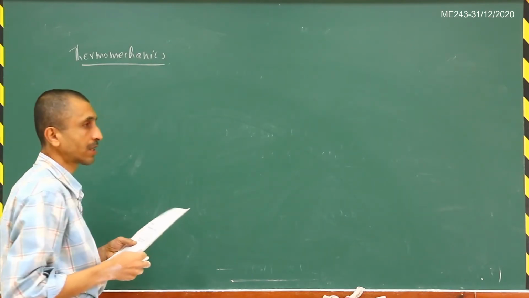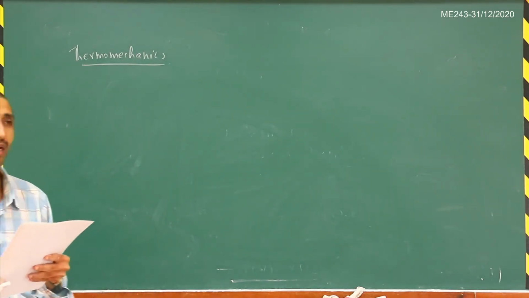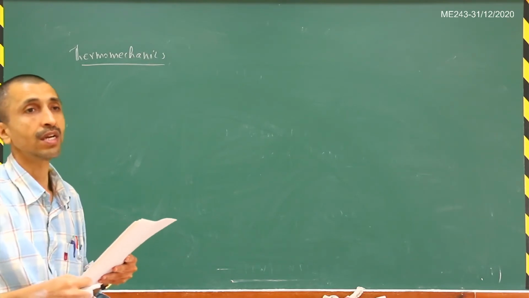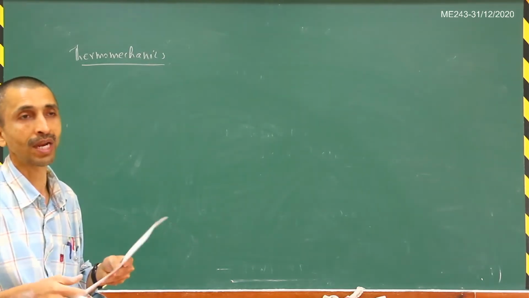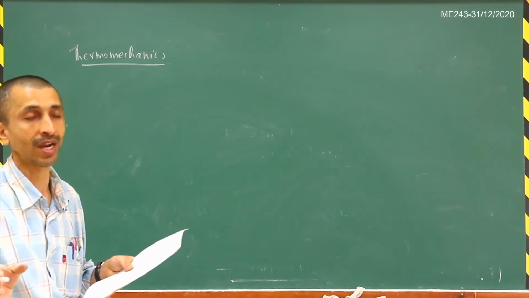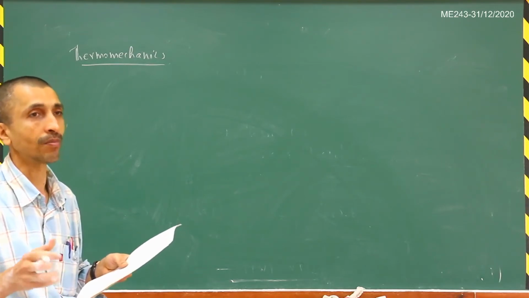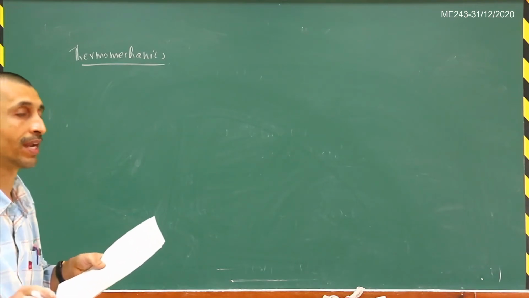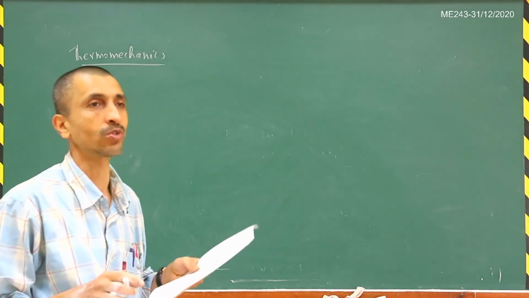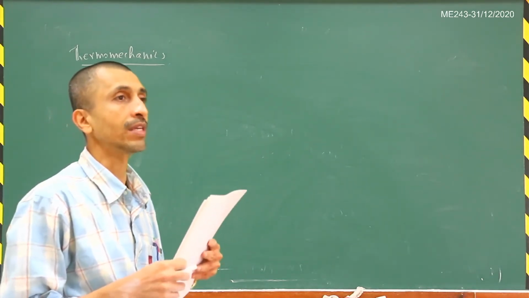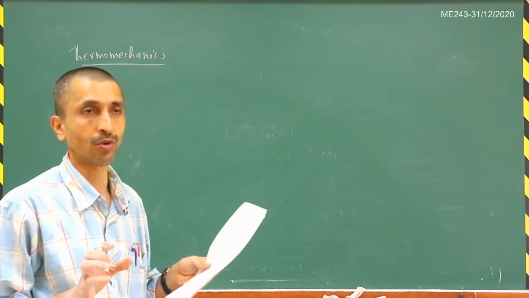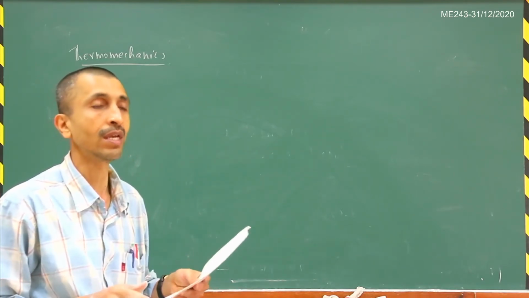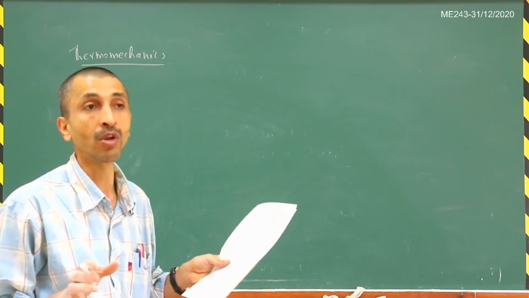So first, we will derive a very interesting result. So far you have seen that we have applied this principle of frame indifference, right, only to the balance of mass, balance of linear momentum and balance of angular momentum. We have not yet applied it to the first law of thermodynamics, right? And so what we are going to show is that if you apply this frame indifference, so what do we mean by frame indifference? That the balance laws have the same form in all frames of reference, right?